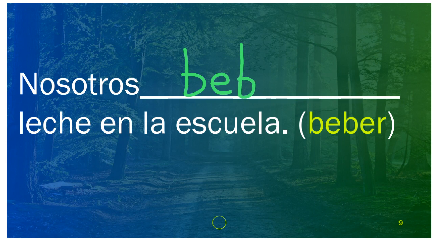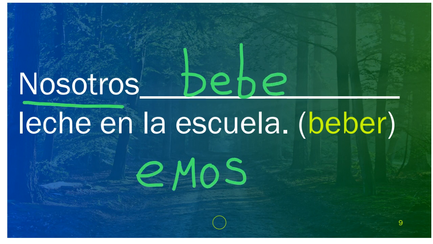We're going to look at our subject, nosotros, and we're going to remember that whenever nosotros is our subject, we always use the ending amos for our regular ER verbs. So we end up with nosotros bebemos leche en la escuela. We drink milk in the school.